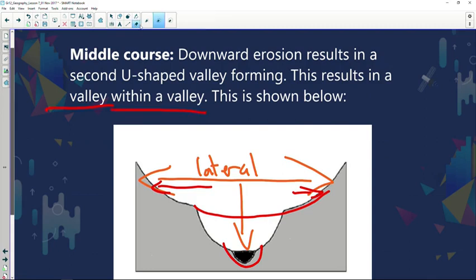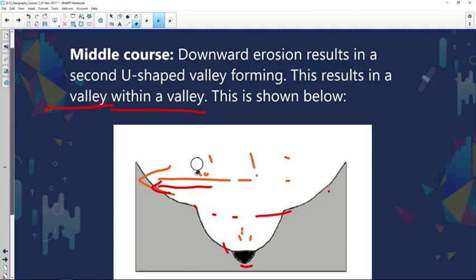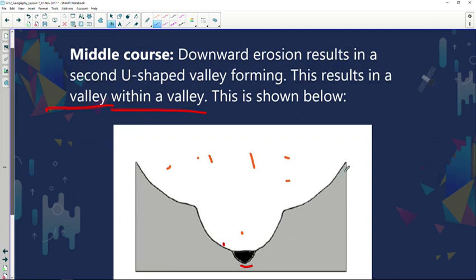So, if I can just quickly wipe this out over here. If you look at it, this used to be the middle course over here. Now, because the velocity of water increases and the volume of water increases, it creates even more downward erosion.